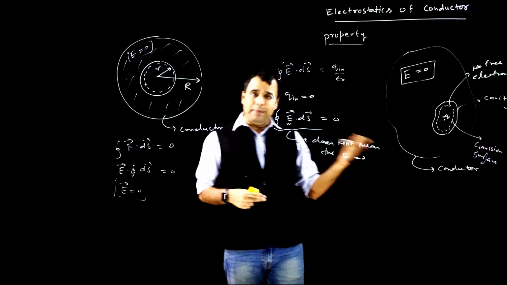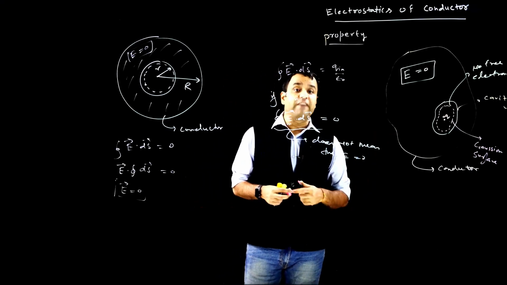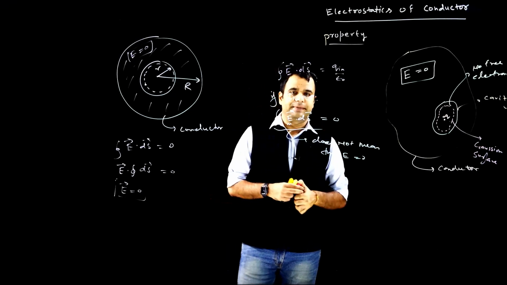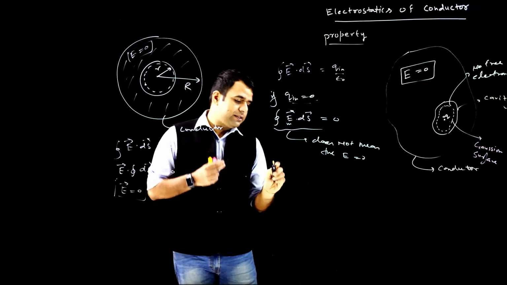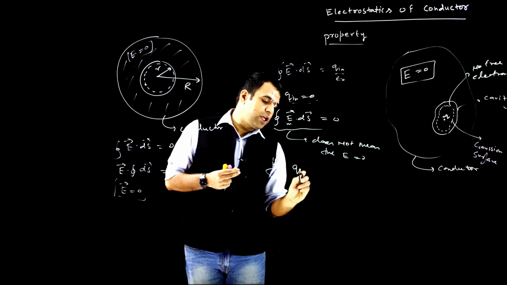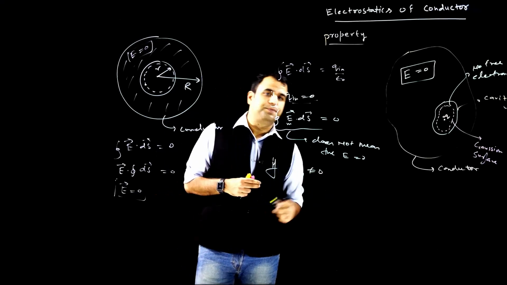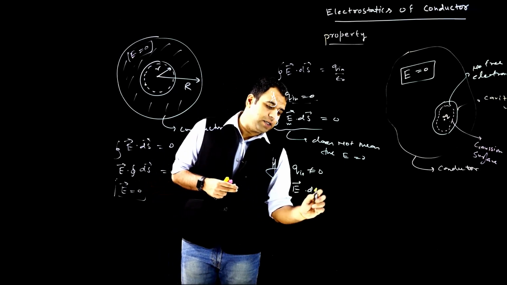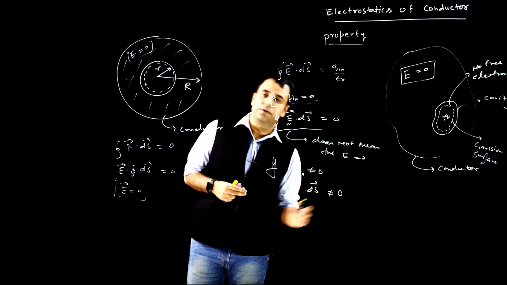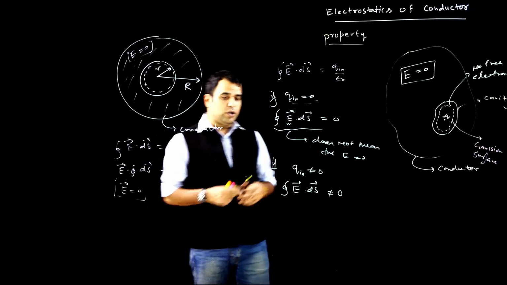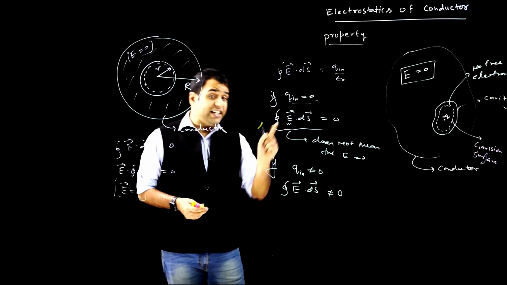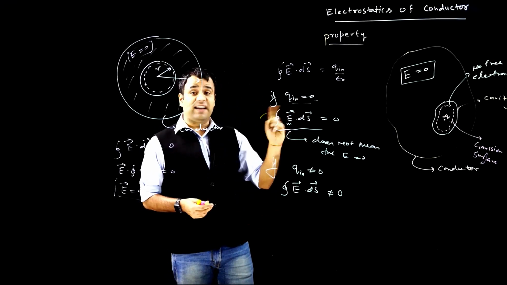So E might be 0, E might not be 0, if q in is 0. But if q in is non-zero, that makes E dot ds also non-zero. If E dot ds is non-zero, then it means at least at one point in the cavity E will be non-zero.